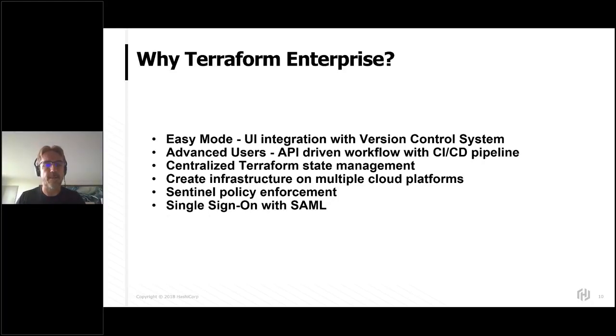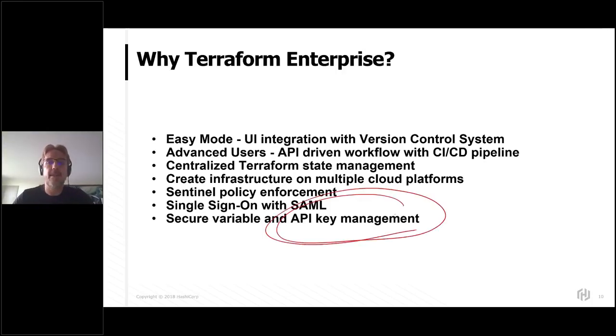We support single sign-on with SAML, and also secure variable and API key management. This one's a huge headache, and we hear this a lot from customers. How do I manage all these keys that are all over the place now? Everybody gets a pair of keys to access the API. We don't know where those are stored. Somebody could accidentally commit them to source code or post them in a public place.